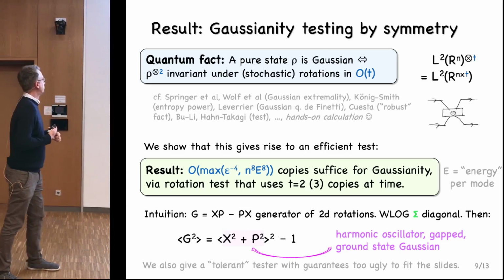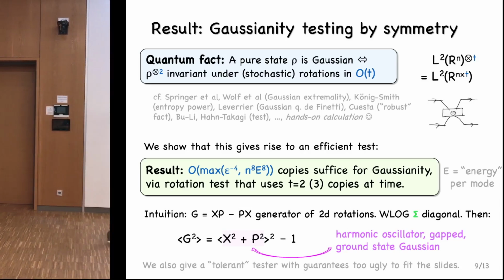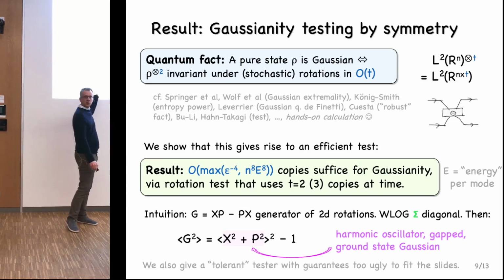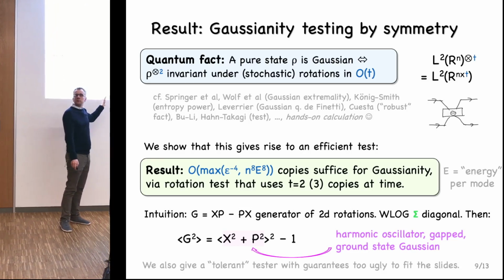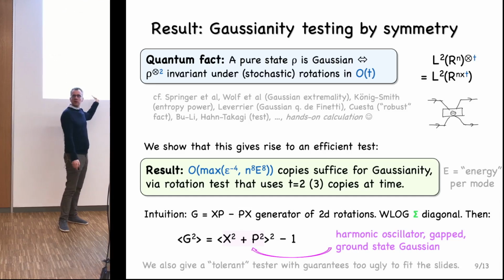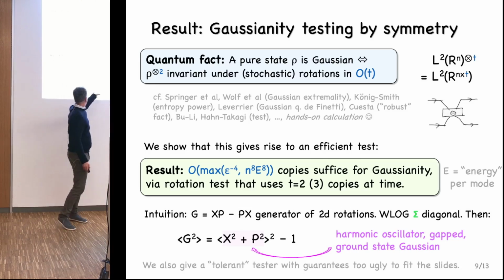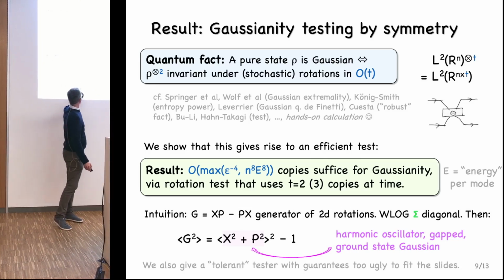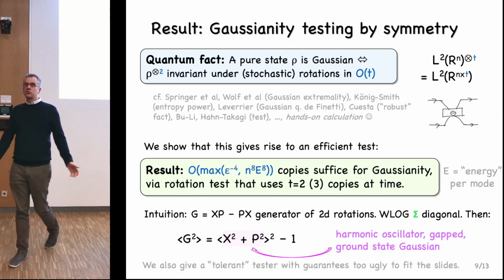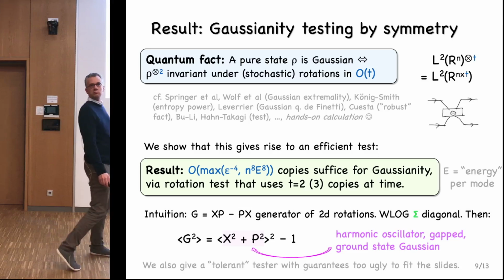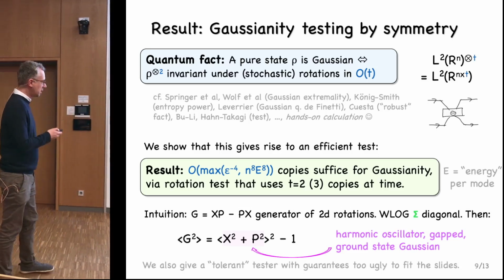If you do so, then what you find is that the expectation value of the second moment of the generator is basically just the expectation value squared of a harmonic oscillator minus its ground state energy. And this thing is largely equal to 0, and the harmonic oscillator is gapped. So if this number is close to 0, then the energy is close to the ground state energy, so the state has good overlap with the ground state, which is a Gaussian state. Okay, standard Gaussian state. So that's some intuition for how one could analyze something like that.